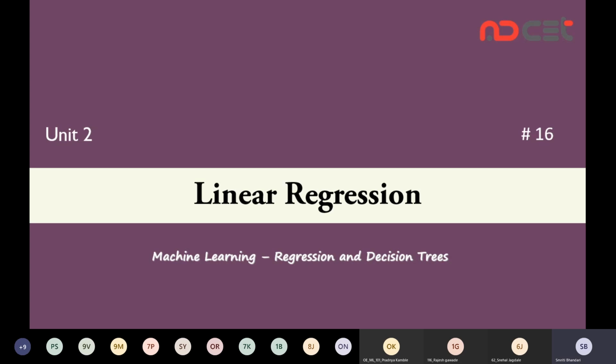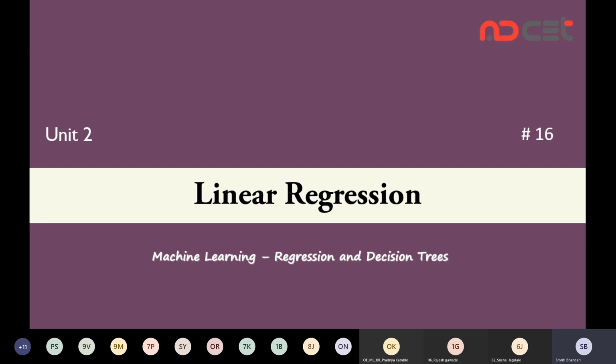In simple regression, we have only one independent feature, whereas in multiple regression, we have more than one feature. In both the categories, we may further classify the regression models as linear and non-linear.